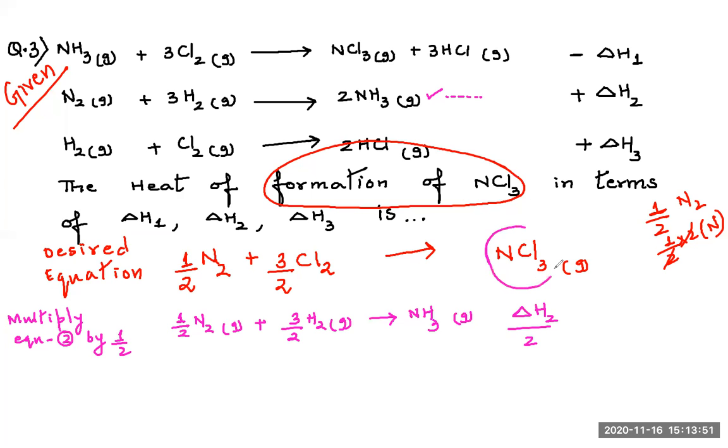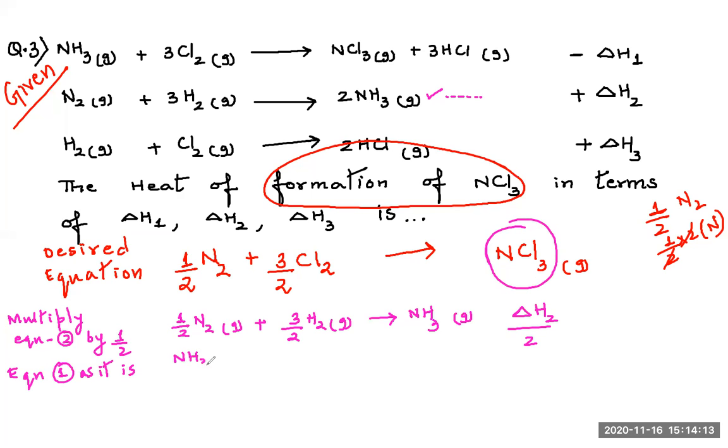This NCl3. It is in which equation? First. Which side? Right. How many do I want? One. I want one, and I have one. I want it on the right, I have it on the right. So equation 2. No, sorry, equation 1, as it is.